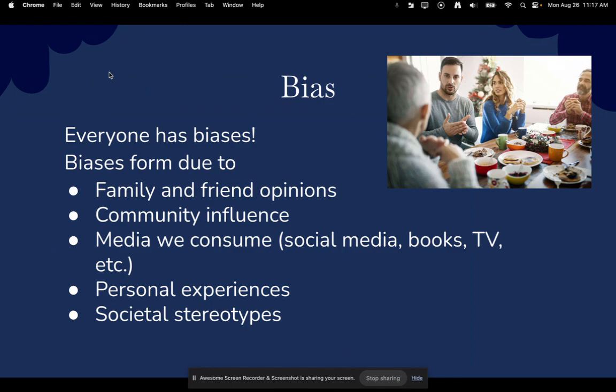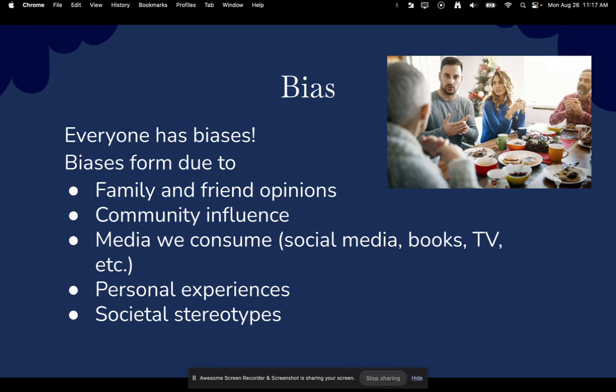So, everyone has biases, okay? Biases are formed due to many different factors. Some of the big factors that form biases include family and friend opinions, community influence, the media we consume, especially social media. That is a huge one, but also things like books, TV, radio, movies, things like that.